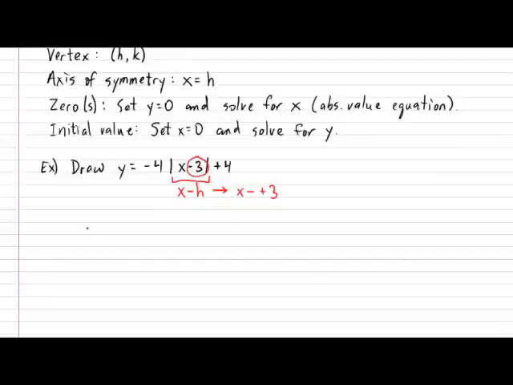So the value of a is -4. The value of h is in fact +3. And the value of k is 4. Now, with these three variables clearly identified, let's get all our clues together. The first clue is that a is negative.